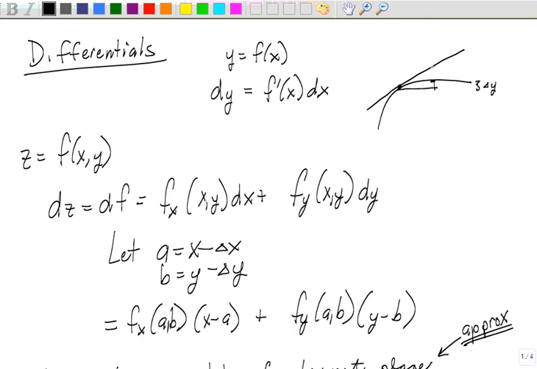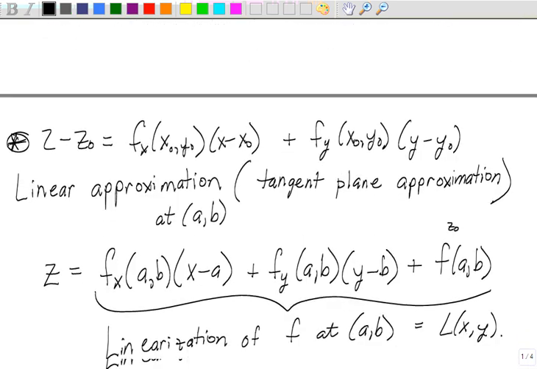The change from there to the tangent line is dy, and dy is approximately delta y. And that's the same thing in three dimensions. If you think of this line as a plane, and this is the surface, it's the same idea. The change in height of the actual surface is delta z. The change to the tangent plane is dz, and they're approximately the same.